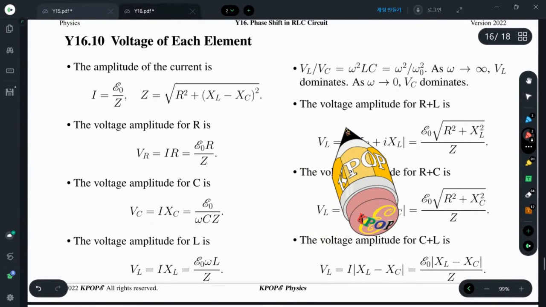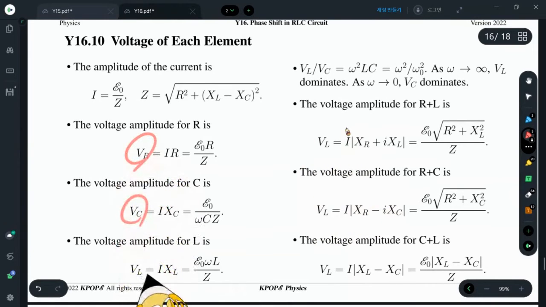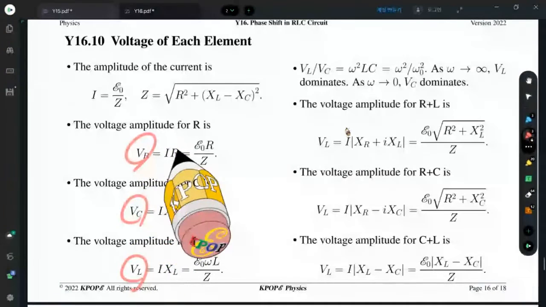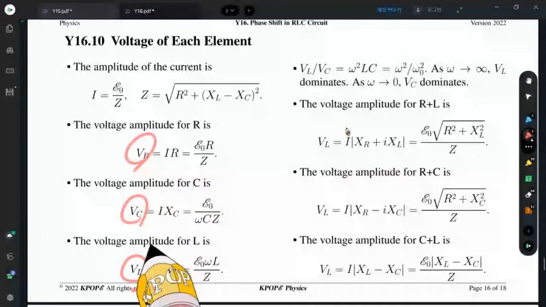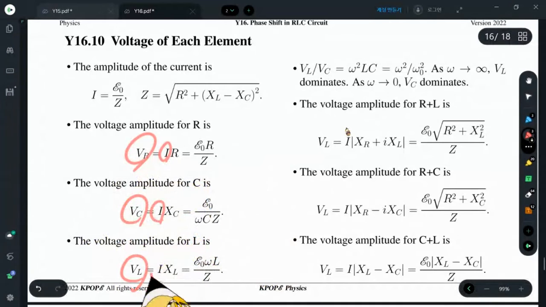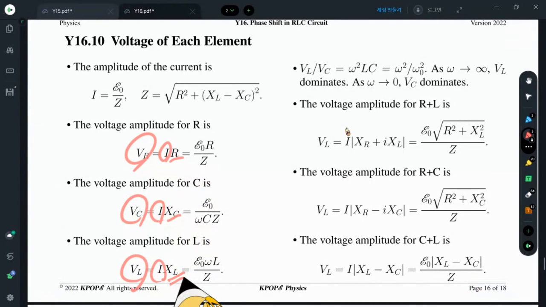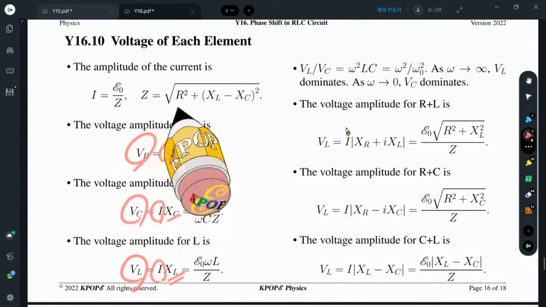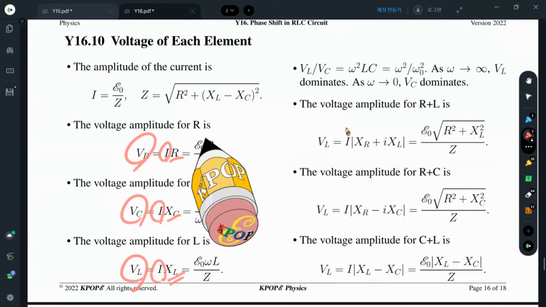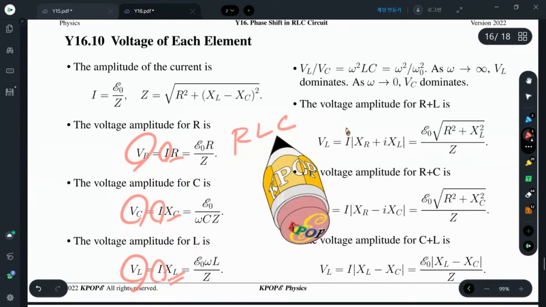For example, we see VL, that are the voltage amplitude for the R, L, and C, they are completely determined by the amplitude for the current and their reactances. It is true whether you attach a small part among RLC.